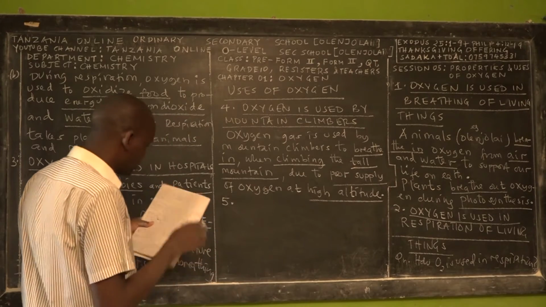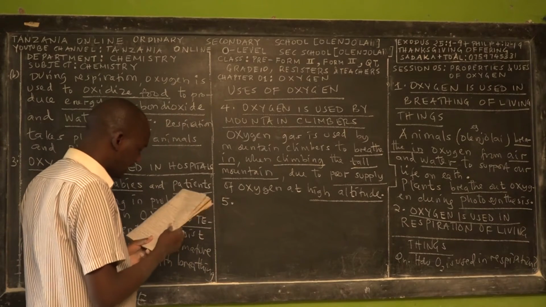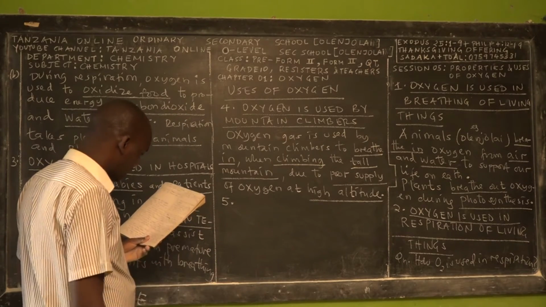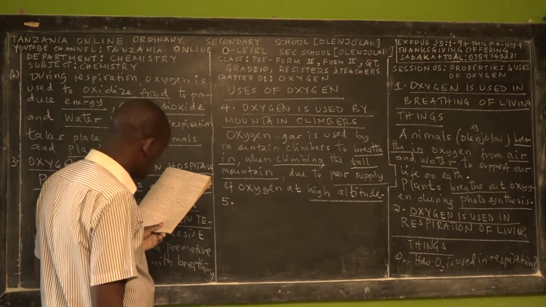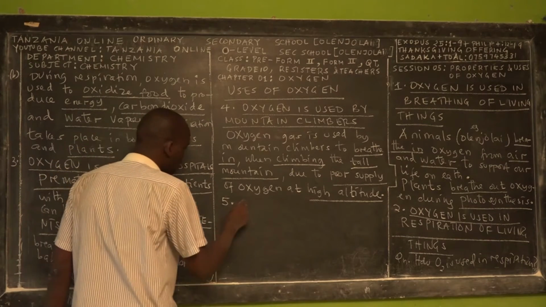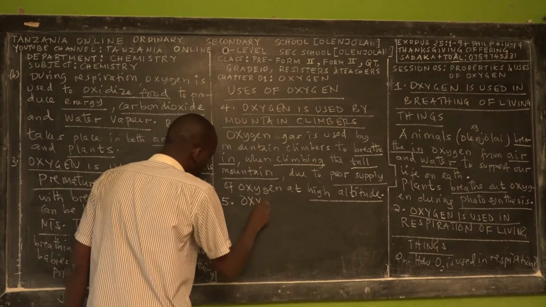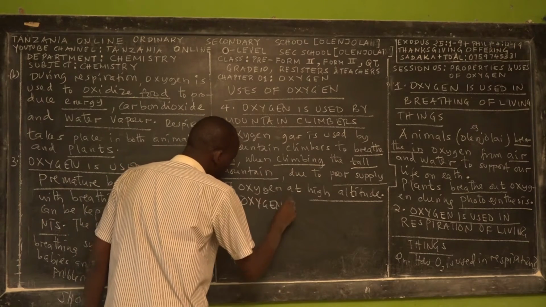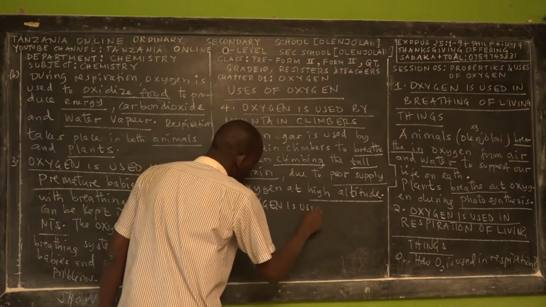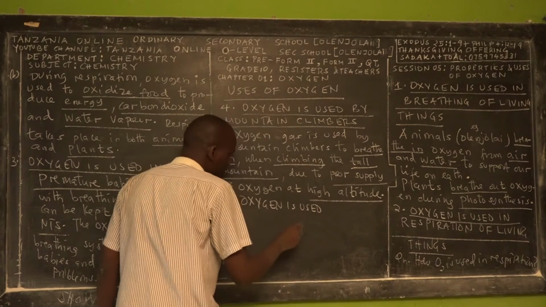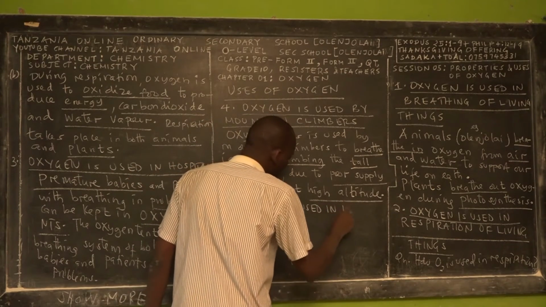So the next use of oxygen in human daily life is that oxygen is used in industry. As you said, some industrial processes need oxygen.